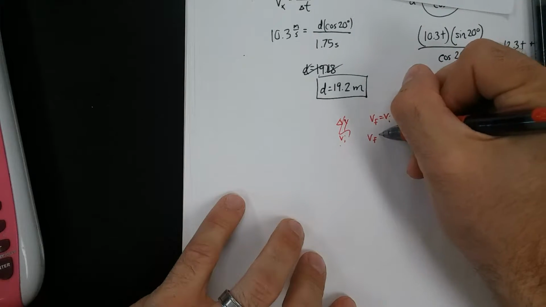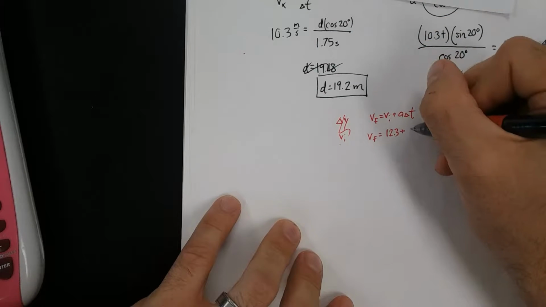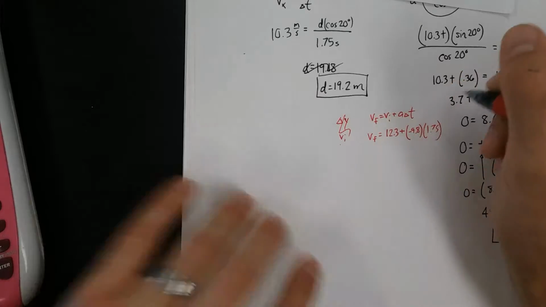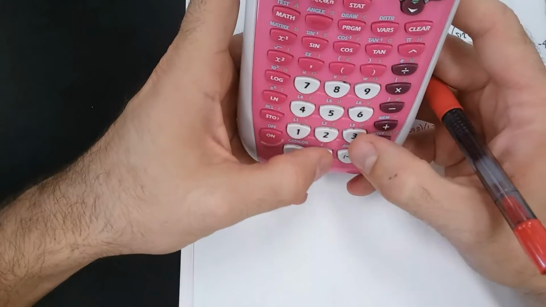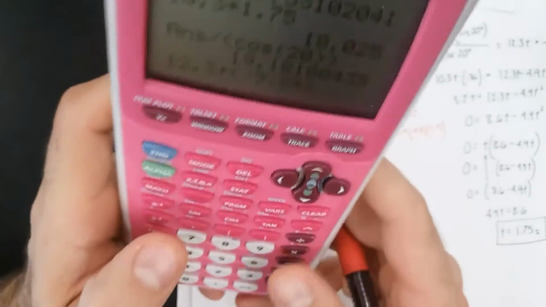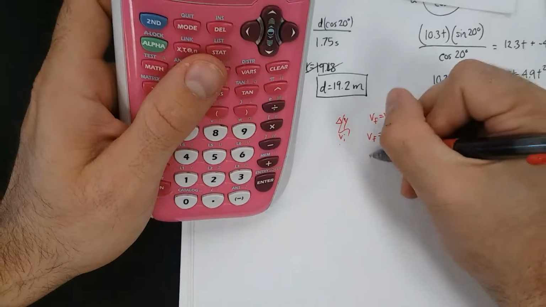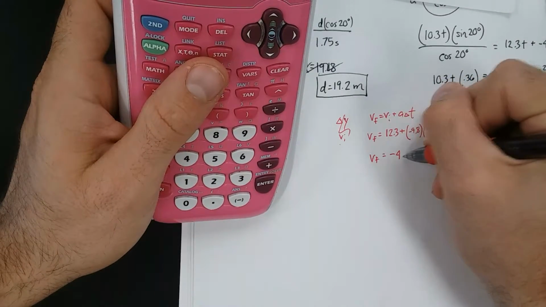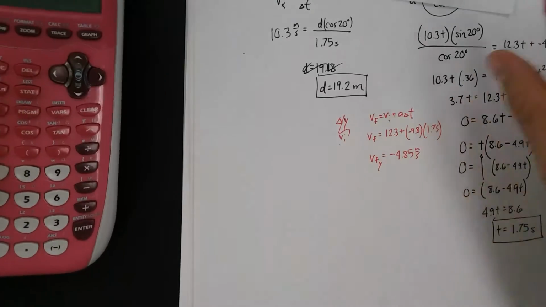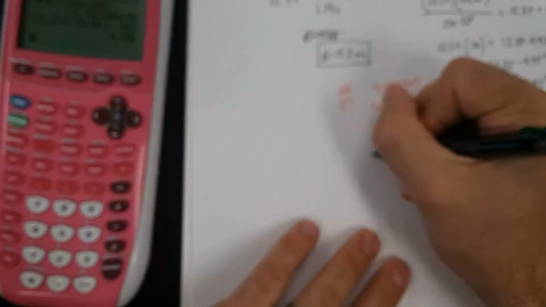V final then equals 12.3 plus negative 9.8 times 1.75. Means the final velocity is negative 4.85 meters per second in the vertical direction. Don't think that that's just the full velocity.